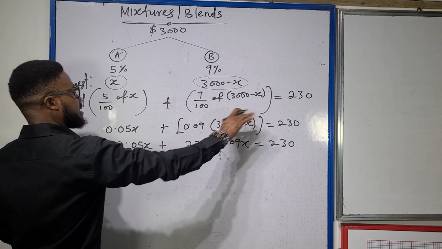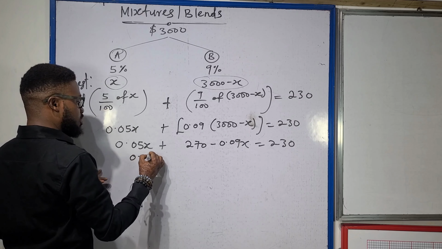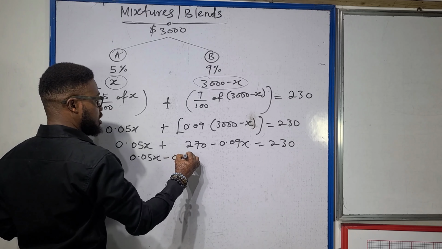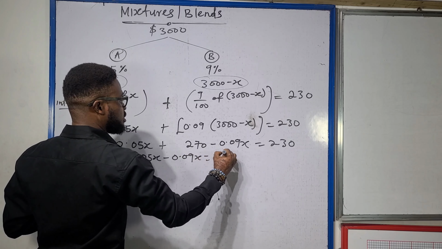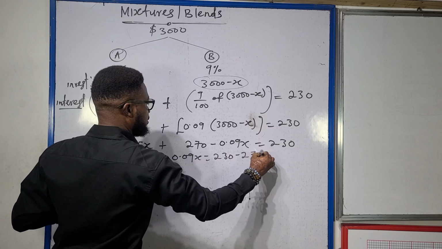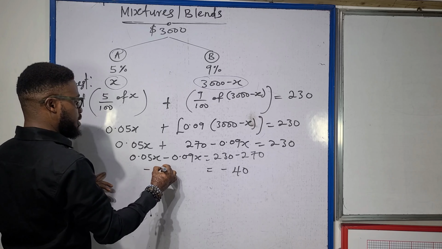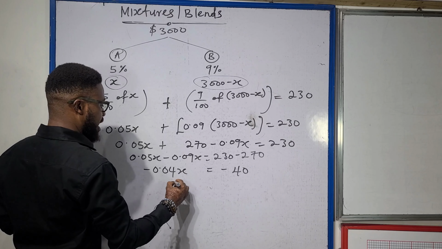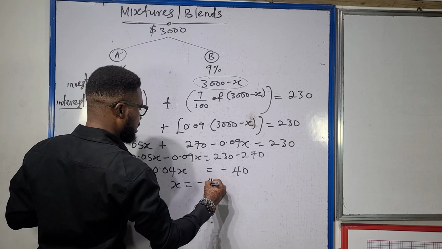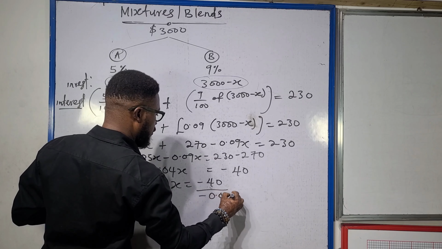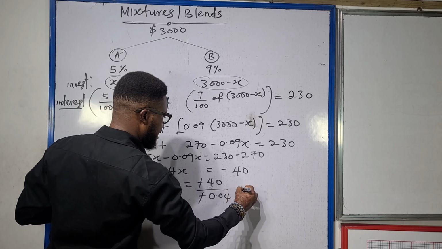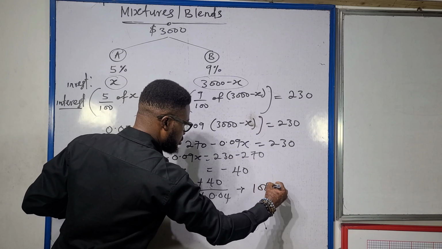So the implication of that, this has to move so that I'm left with 0.05x minus 0.09x equals 230 minus 270. I'm going to get minus 40 here. This is going to be minus 0.04x, so that x equals minus 40 divided by minus 0.04. This off. The answer here is going to be 1000.